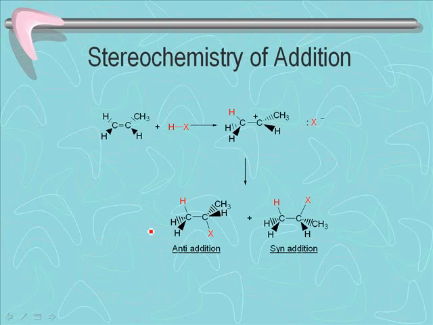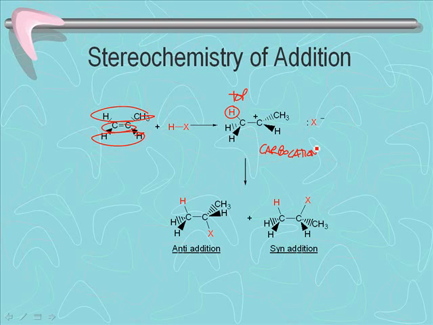Let's now look at stereochemistry. Let's draw a carbon-carbon double bond as if it is in and out of the plane of the page. If we do this, then two of the groups on the carbon-carbon double bond point out in our face, and two groups point behind, with the carbon-carbon double bond lying in the plane of the page. As we add a molecule of HX, the hydrogen can add on the top face or the bottom, leading to the formation of our carbocation intermediate.